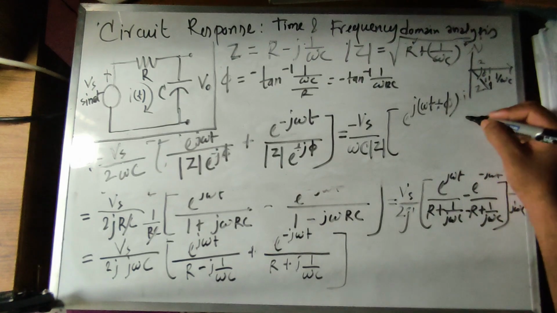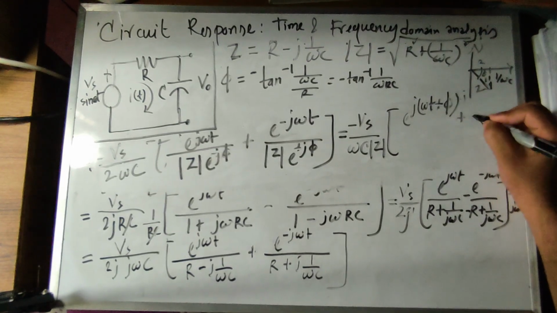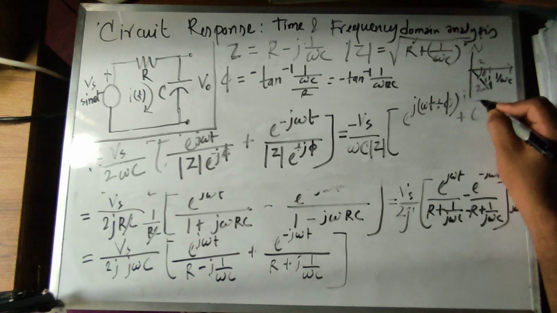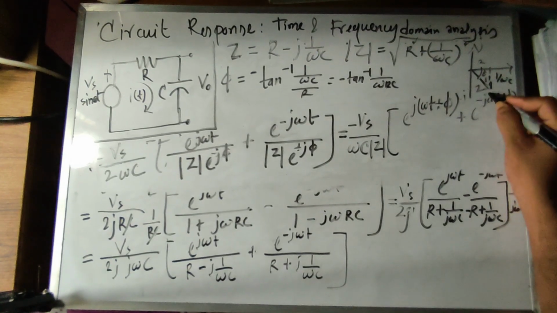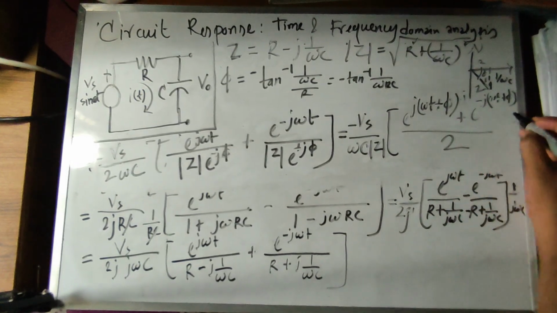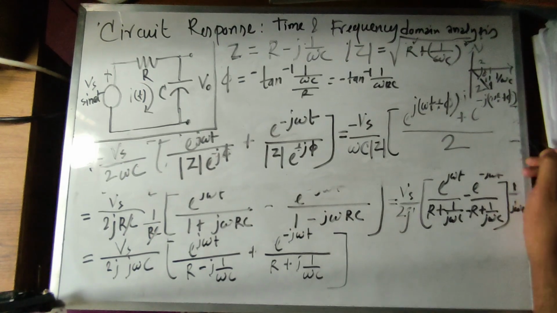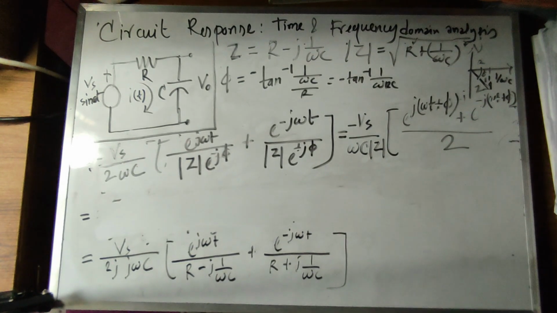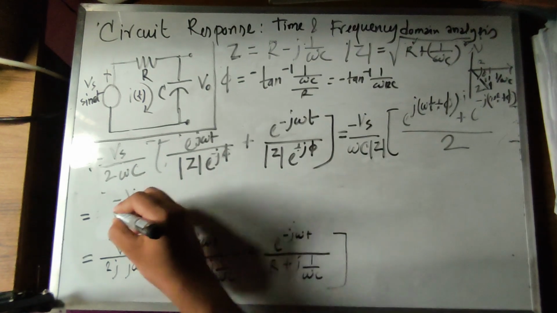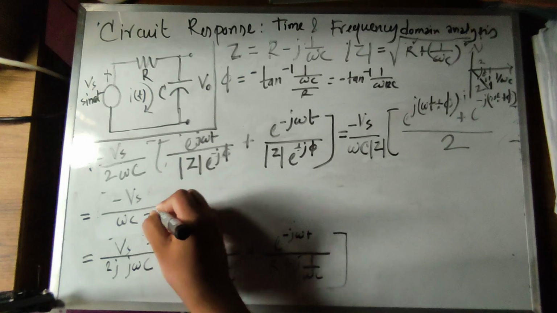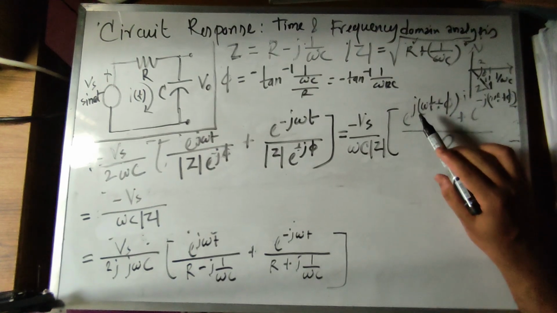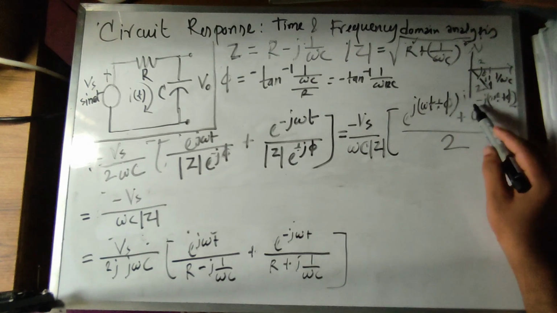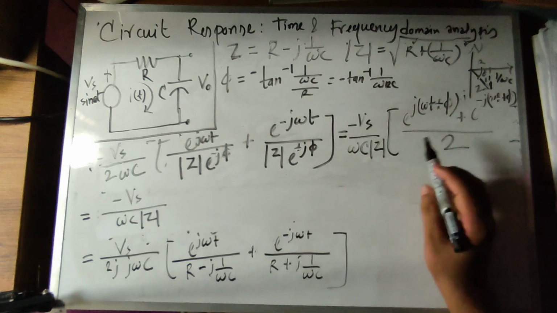So what we have to do is this. Plus e to the power minus j omega t plus phi by 2, minus Vs by omega C Z. If you see that e to the power j omega t plus phi plus e to the power minus j omega t plus phi by 2, this is obviously cos.